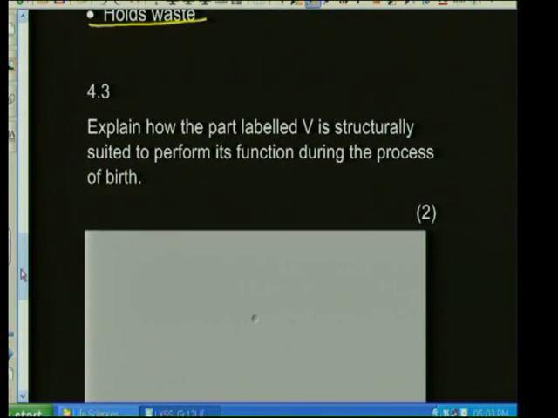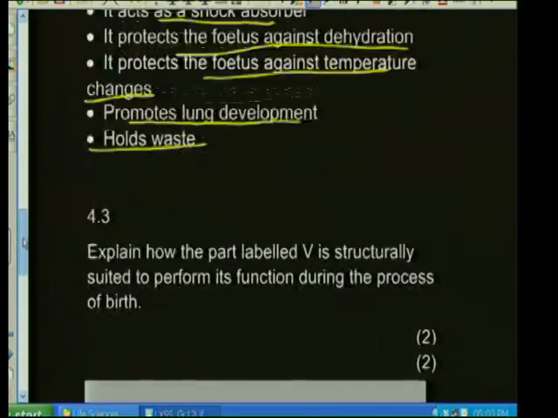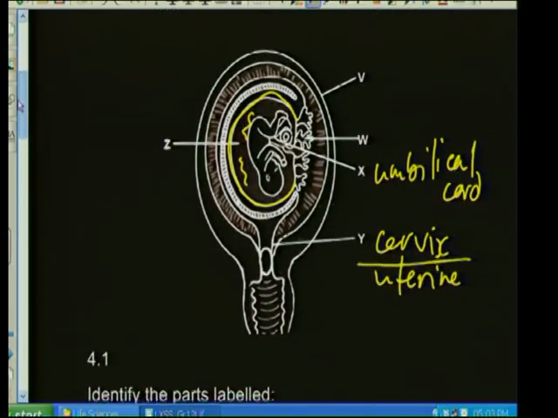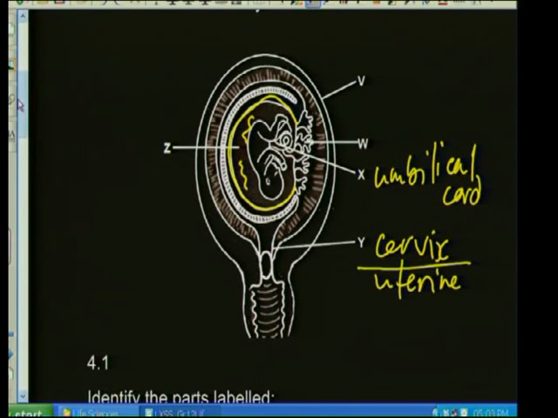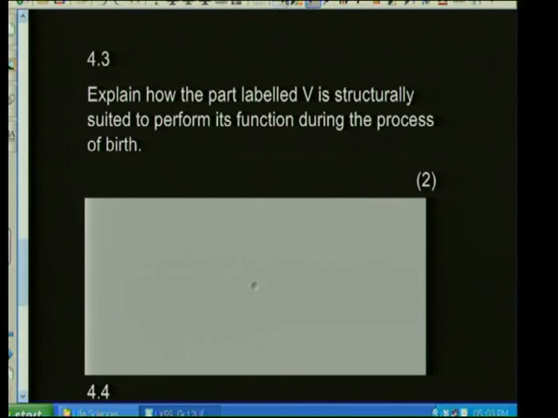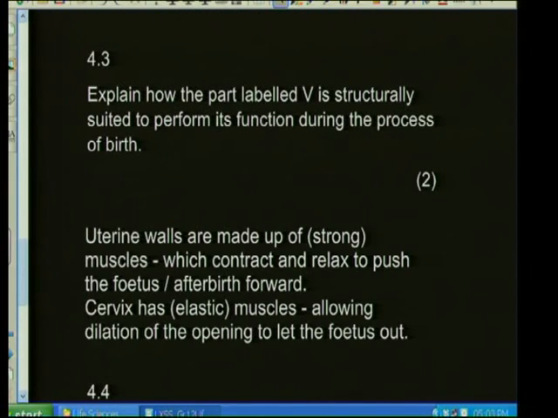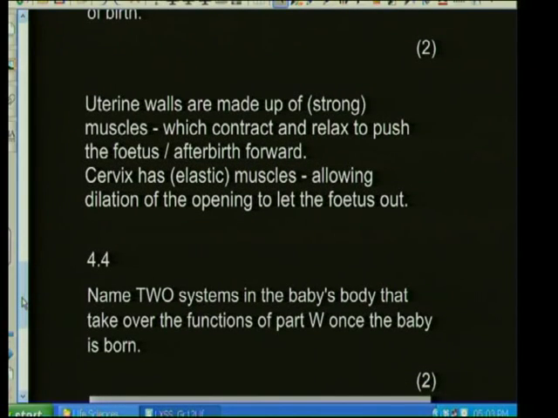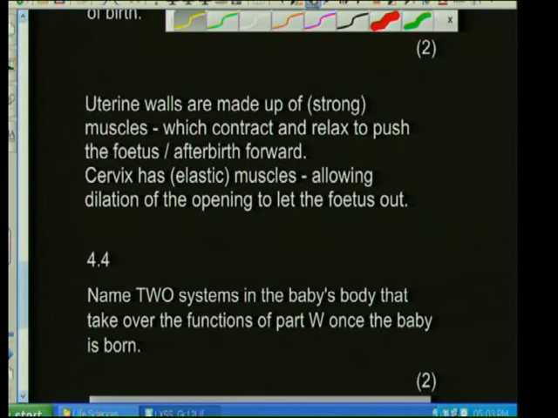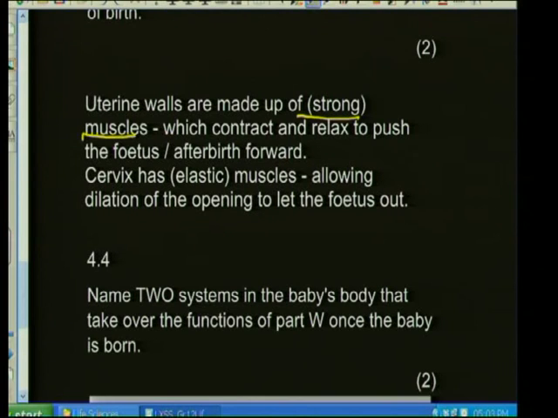Explain how the part labeled V is structurally suited to perform its function during the process of birth. V is the wall around here, this wall here. How is it suited? The uterine walls, firstly, are made up of strong muscles.